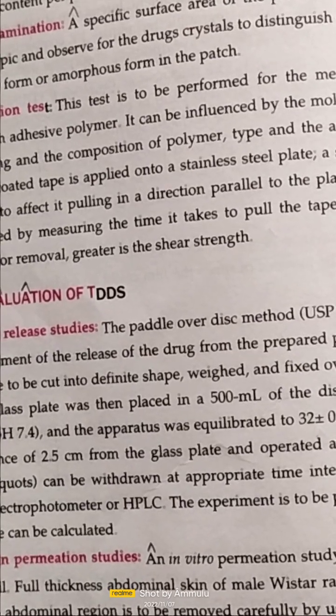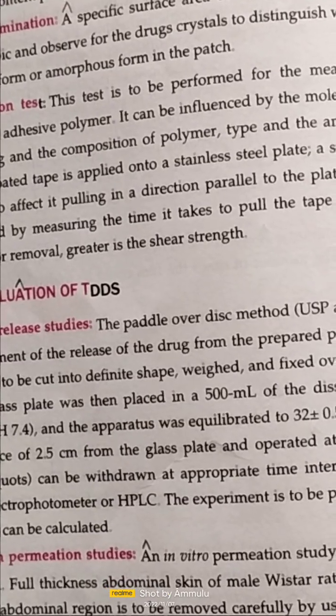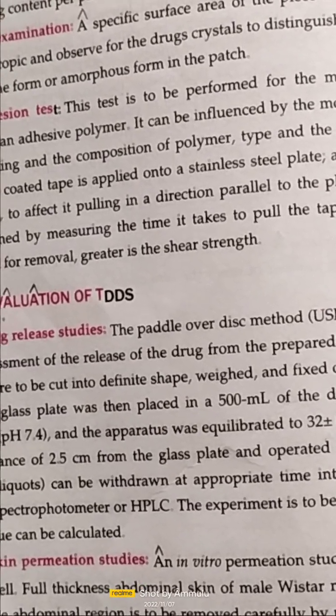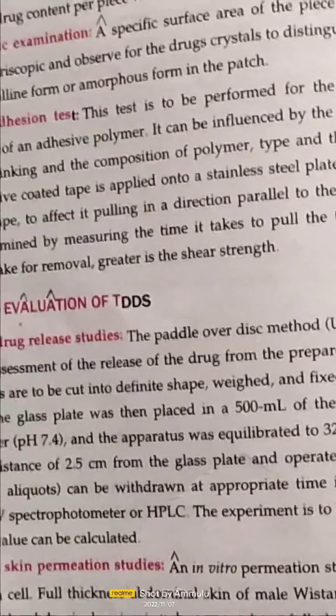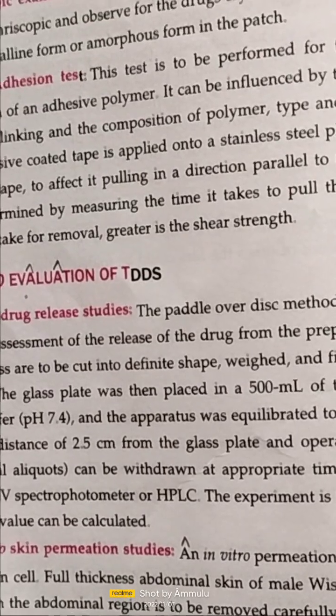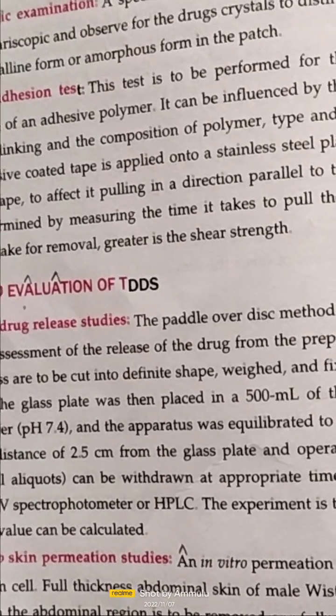After that, the apparatus will be equilibrated. The paddle is set at a distance of 2.5 centimeters from the glass plate, and the speed of the paddle is 50 revolutions per minute.